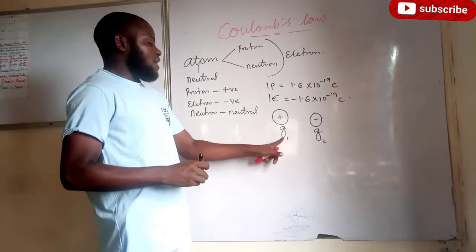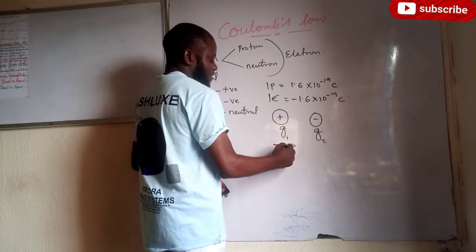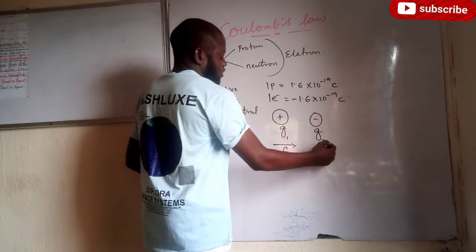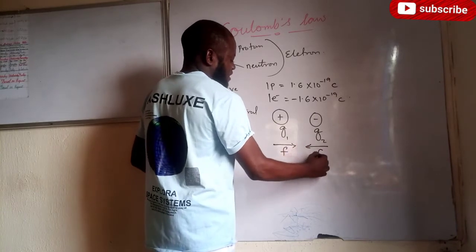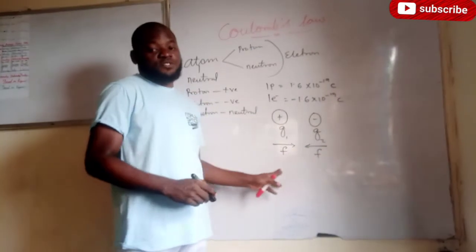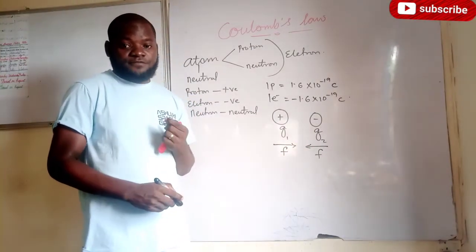That is, the positive charge is going to experience a force in this direction. Likewise, the negative charge is going to experience a force in the opposite direction. This force is equivalent to this force in terms of magnitude, but it is opposite in direction.